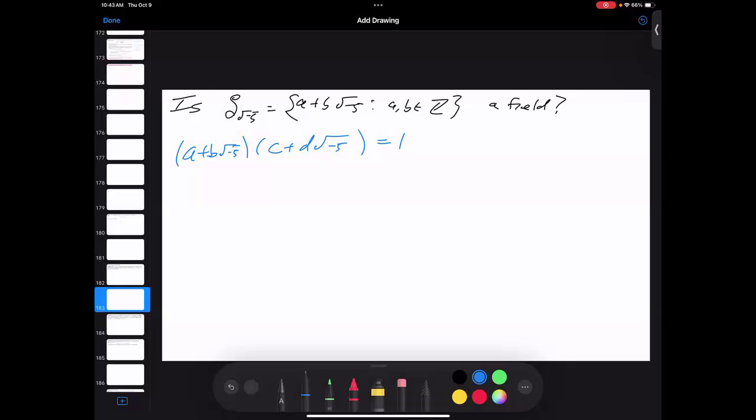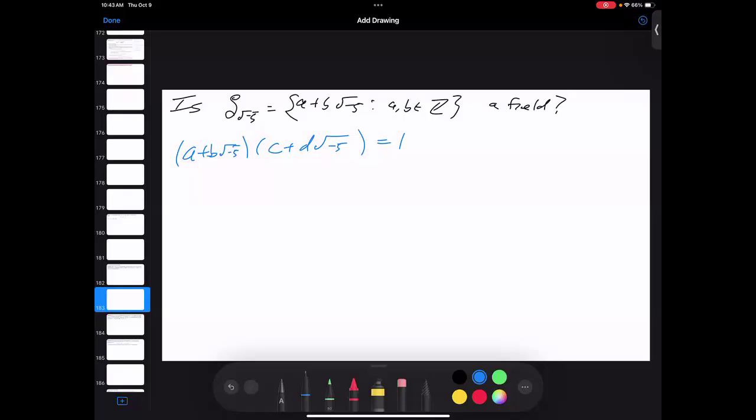If I can do that, then I win. Or I could choose a specific pair a and b where there's no inverse. It doesn't matter if 99% of the time I can find an inverse. As long as I can find one situation where it doesn't work, I'm done.